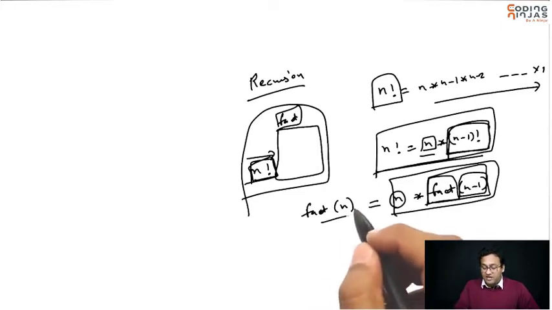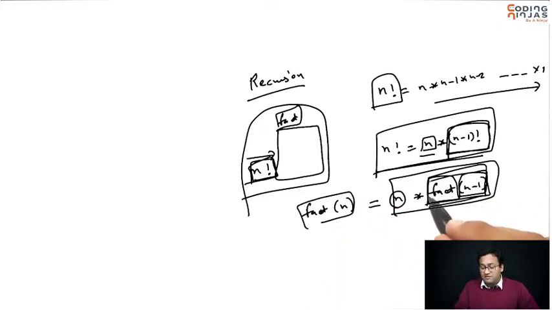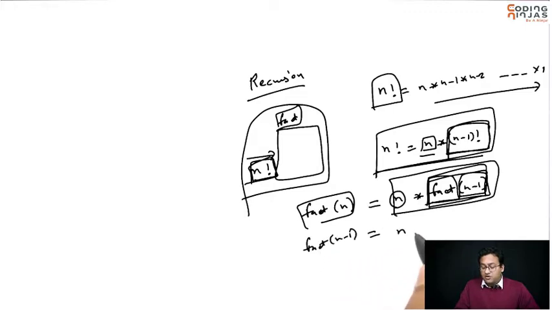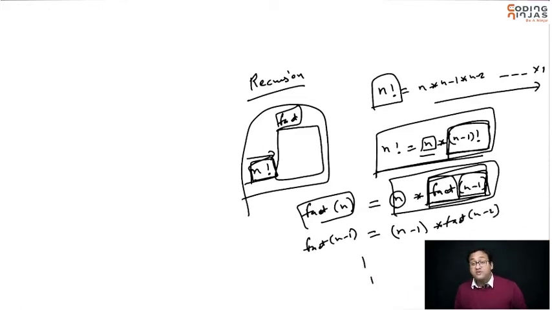Finding factorial n is a little harder than finding factorial n minus 1. Now factorial n minus 1 internally will call effectively factorial n minus 2 and so on. This way we are reducing the size of the problem one by one.